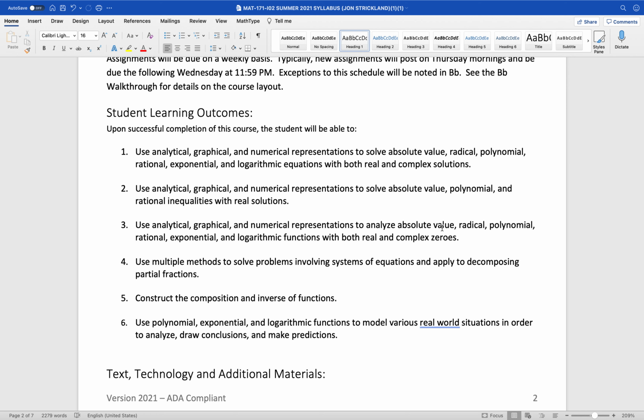Among the student learning outcomes, we also use multiple methods to solve problems involving systems of equations and apply them to decomposing partial fractions, and that part will come right at the end of the course.